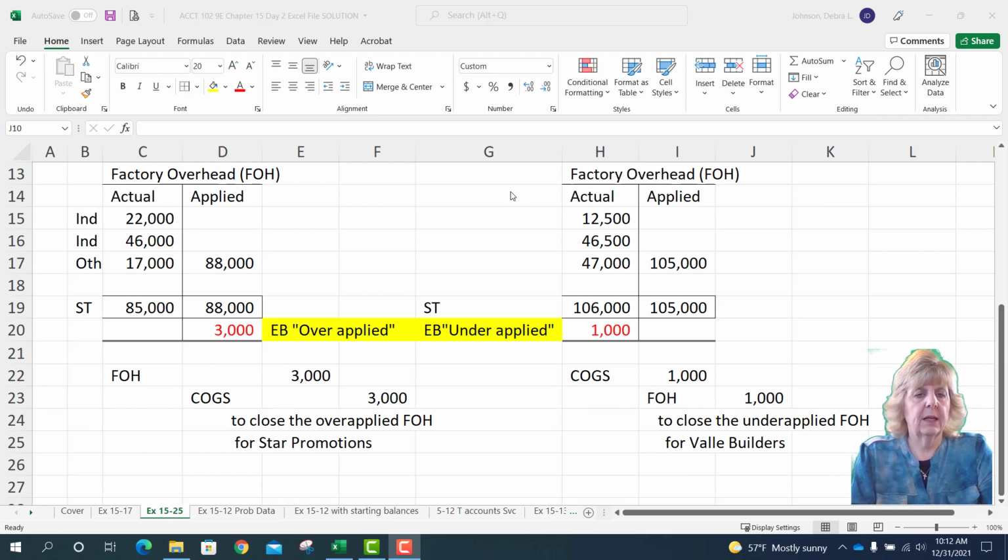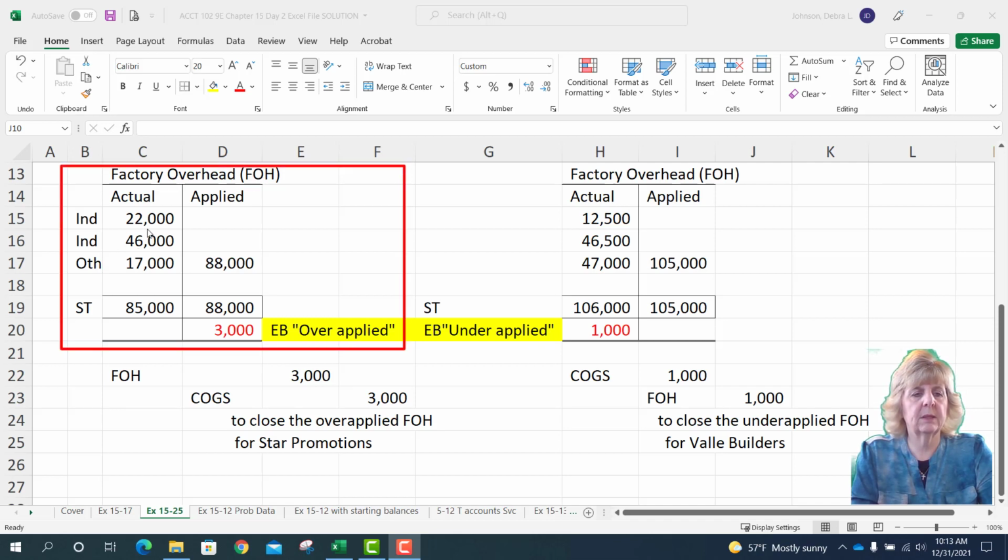So, based on the data the author gave us, the 3 actual factory overhead accounts would have been debited to the overhead, and we would have applied the overhead on the credit side. So in the first example for Star Promotions, there was a credit balance in the factory overhead account.